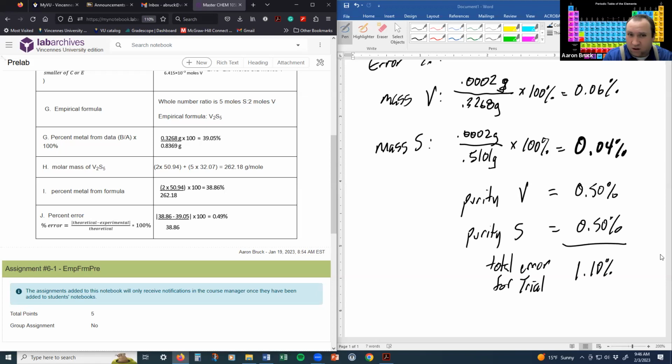Again, chances are pretty good that if we're using good quality chemicals and they're relatively fresh, 99.5 is on the low end of what it actually is. It's probably a lot closer to 99.9 or 99.8. So you can see that in this estimate, we're probably overestimating a little bit.